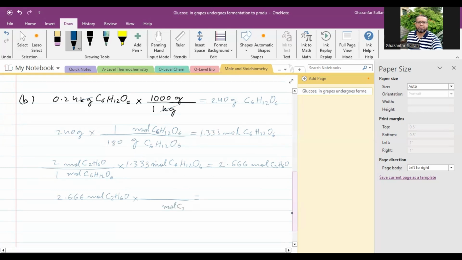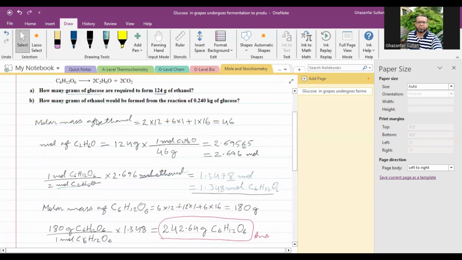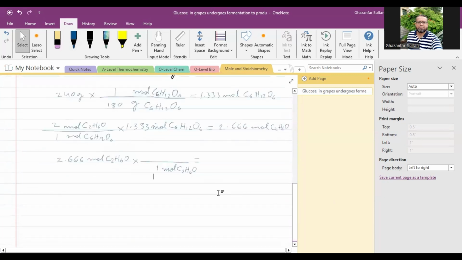So moles are also here, C2H6O. So 1 mole C2H6O is equal to how much ethanol? So the molar mass of ethanol is 46. So 1 mole of ethanol has a mass of 46 gram.